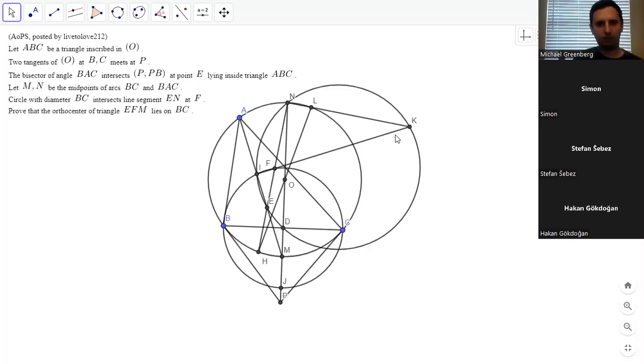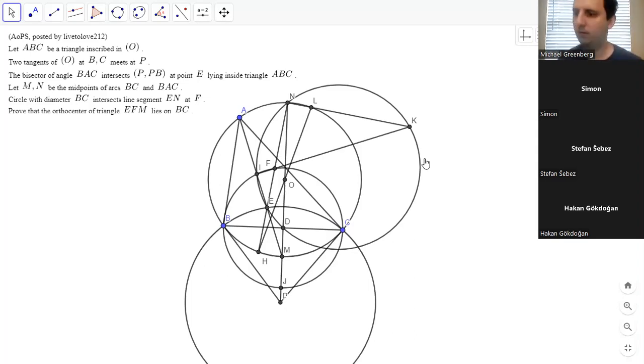Yeah, it depends how we define I. Yeah, it looks like we do need the circle because that's part of how we define I. Interesting. This is a tricky problem.